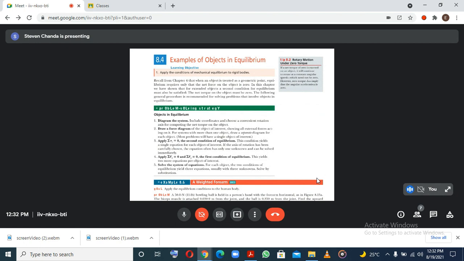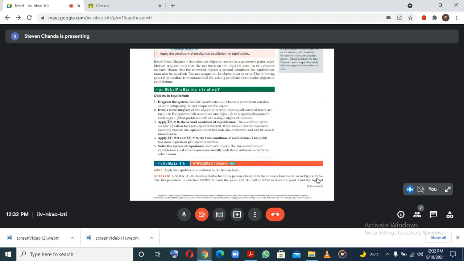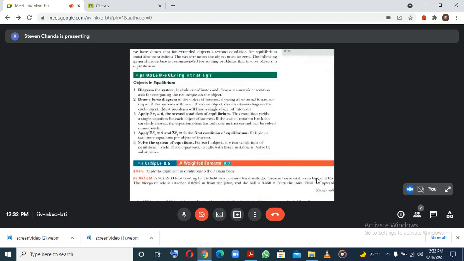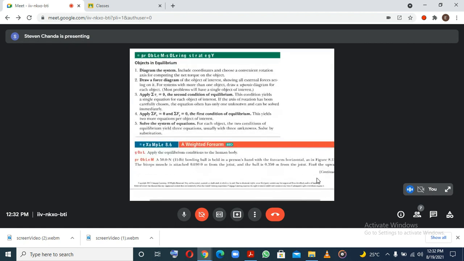Then you apply the second condition of equilibrium, which is that your sum of torque must be equal to zero. Then the other condition of equilibrium is for the forces.